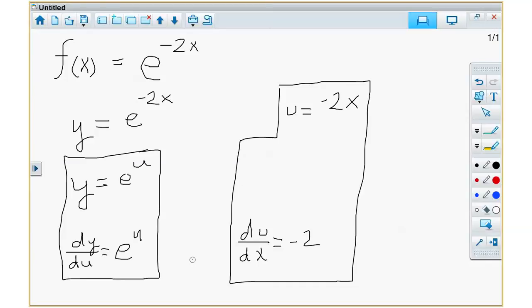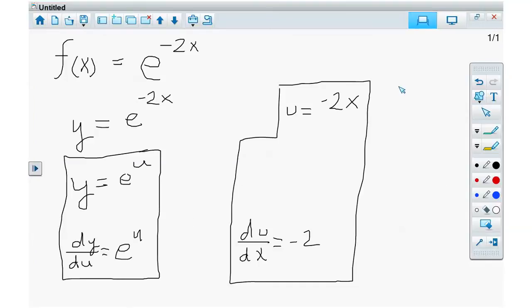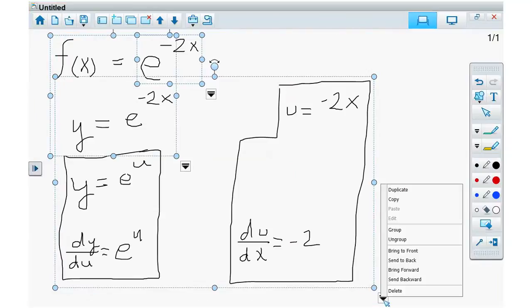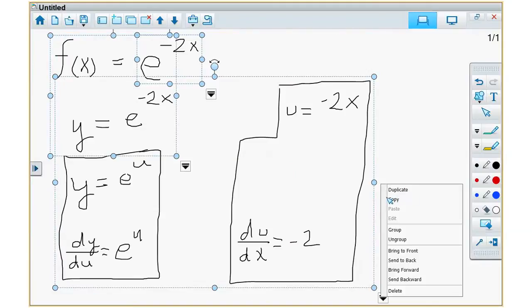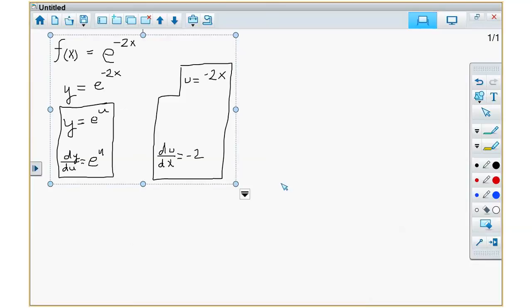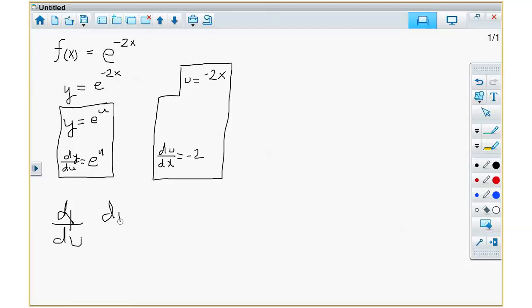Now, the good thing about this, and this is the mathematical way of explaining it, is that you take dy/du and multiply it by du/dx, and what happens to the du's? Hold on, I'm fixing to write it. We've got dy/du right here, and we've got du/dx right here.